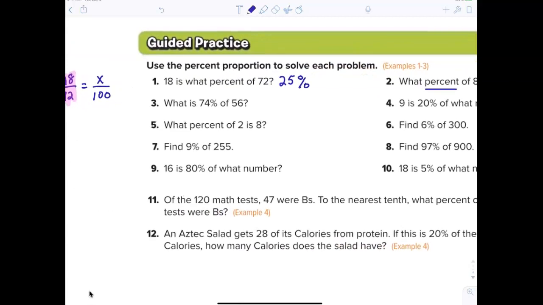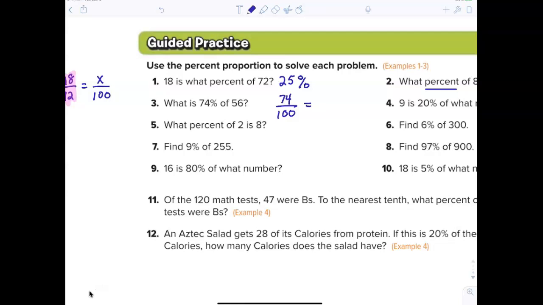All right, let's look at number 3 now. As soon as I see 74%, that's automatically going to be 74 over 100. So let's mark this: 74 over 100. Now, what is 74% of 56?